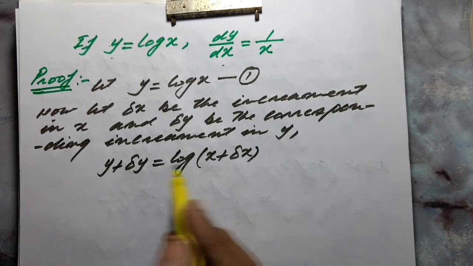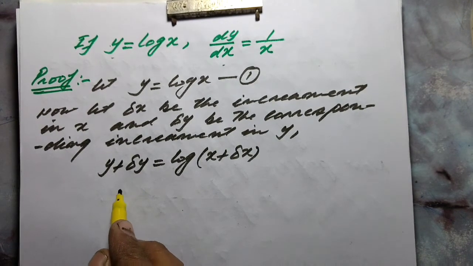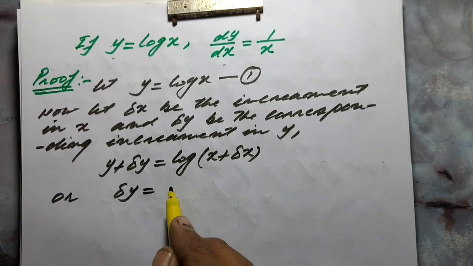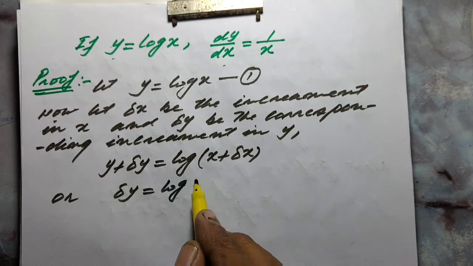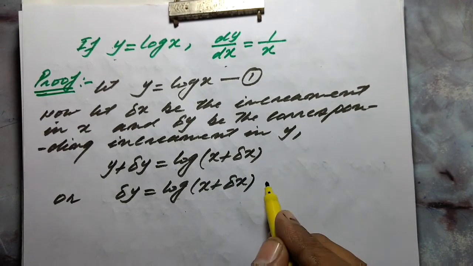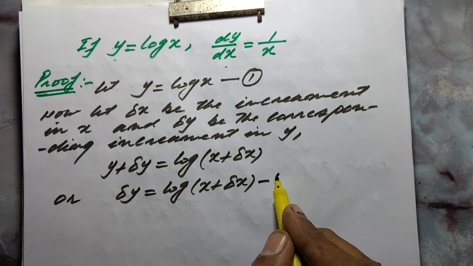Now transposing y to right hand side, we have delta y is equal to log x plus delta x minus y.